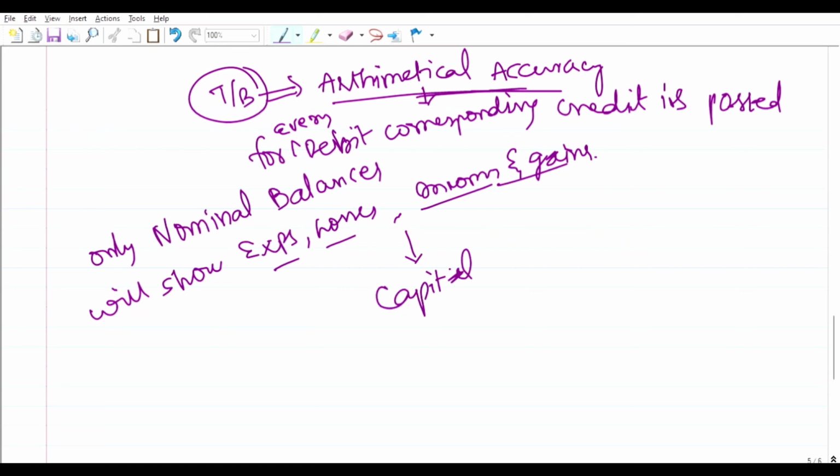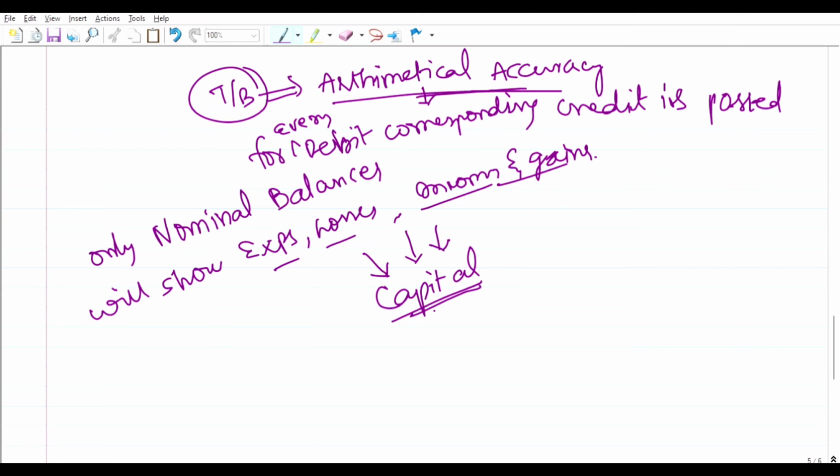That means these nominals are not balanced. Those will be carried forward to the capital, the owner's or proprietor's capital account.